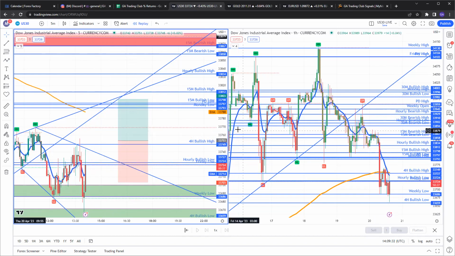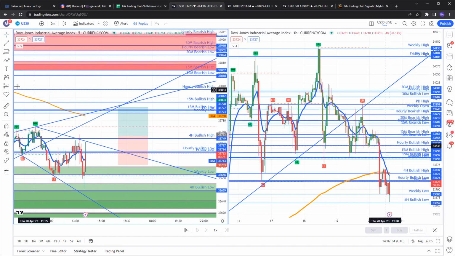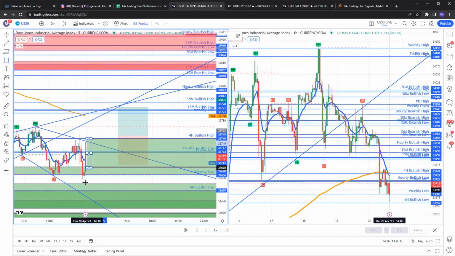And another thing we've also done in the past: we divide these zones, the 4-hour bullish highs and bullish lows, into two, and then we do the 3-trade entry, right? So let me see if we could have done that.